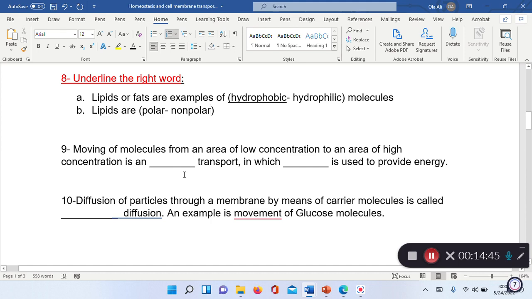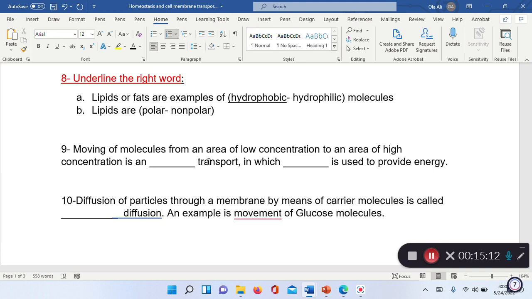Number 9, moving of molecules from an area of low concentration to an area of high concentration. This is not passive diffusion, because in passive diffusion, the molecules go from higher to lower concentration easily without energy, like going downstairs. If you go upstairs, it's actually more difficult, so this needs more energy.